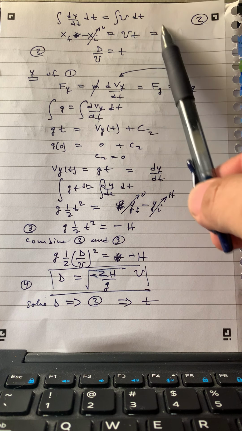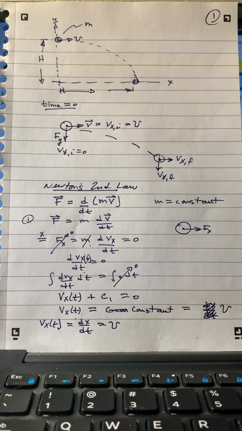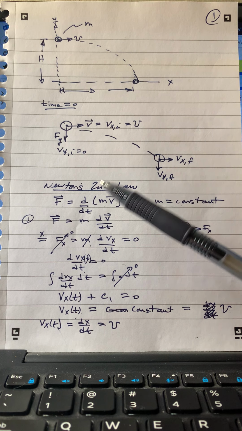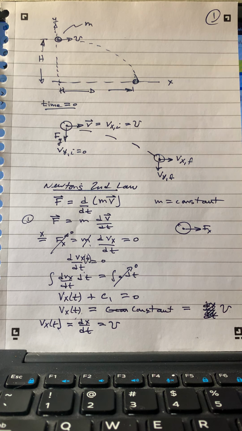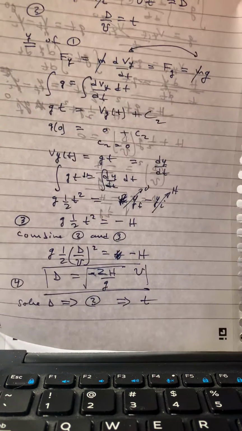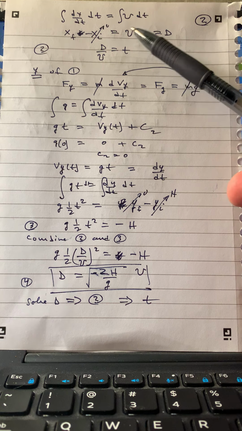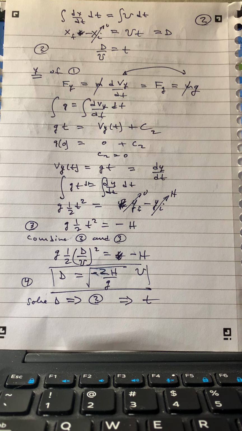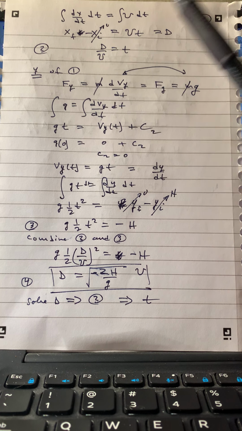So all that we get out of the x component of the vector version of the second law of motion is that it's going to go distance d, and it's going to take some amount of time. Again, we'll call that equation 2.